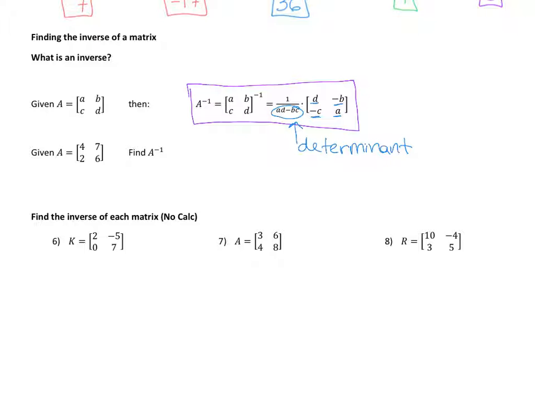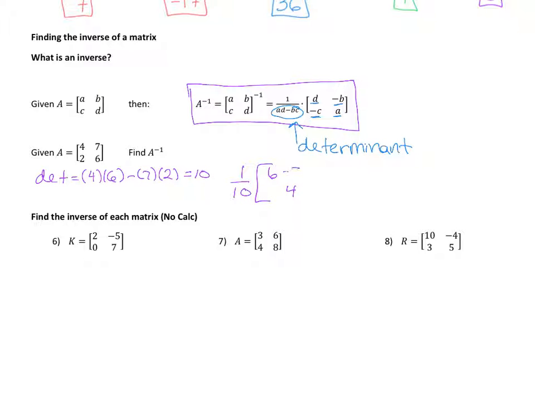All right, let's give this a try for this example. The first thing I'm going to do is find the determinant. Well, the determinant would be 4 times 6 minus 7 times 2. So my determinant would be 10. So 1 over 10 times, well, I'm going to flip my A and my D. So my 6 and my 4 are going to flip.